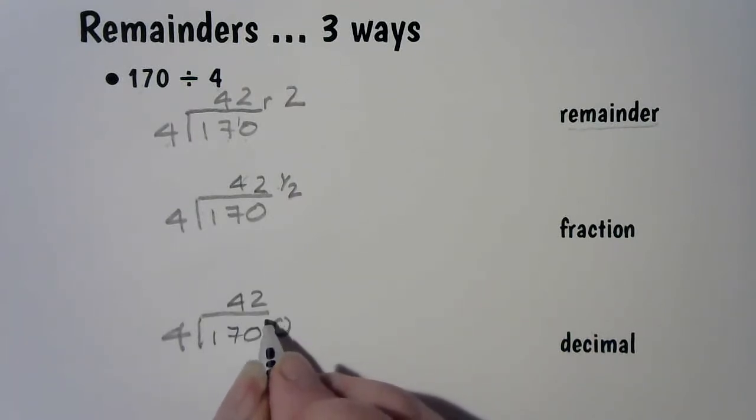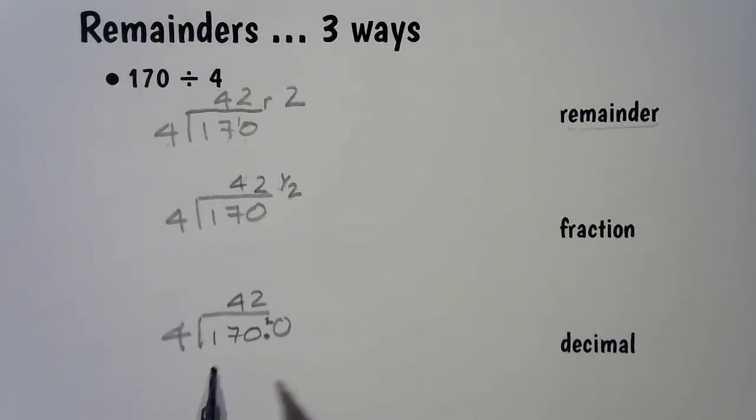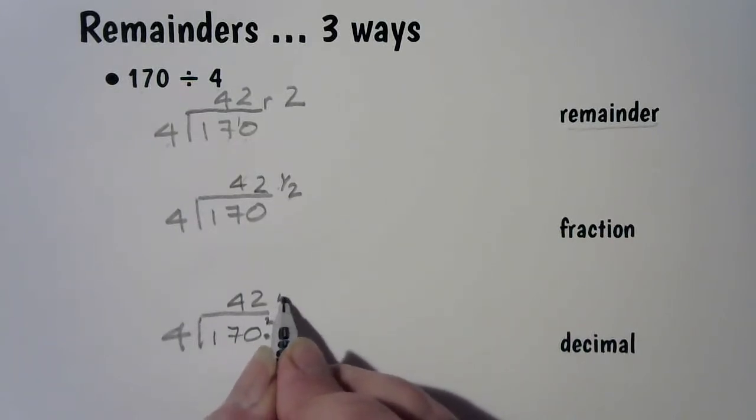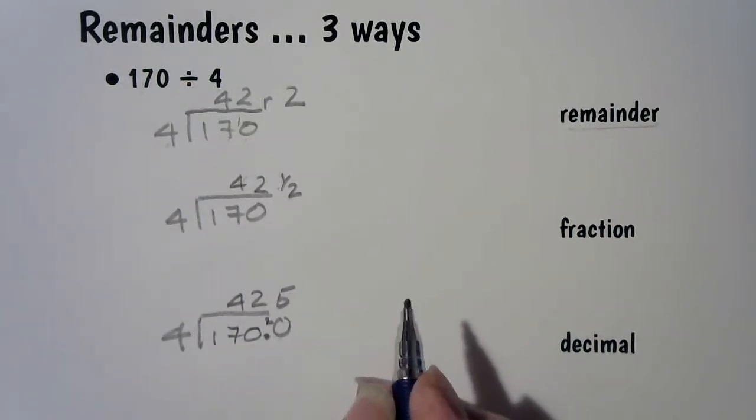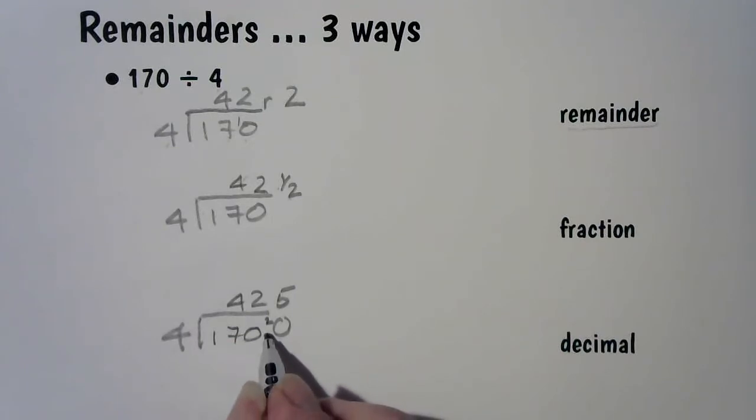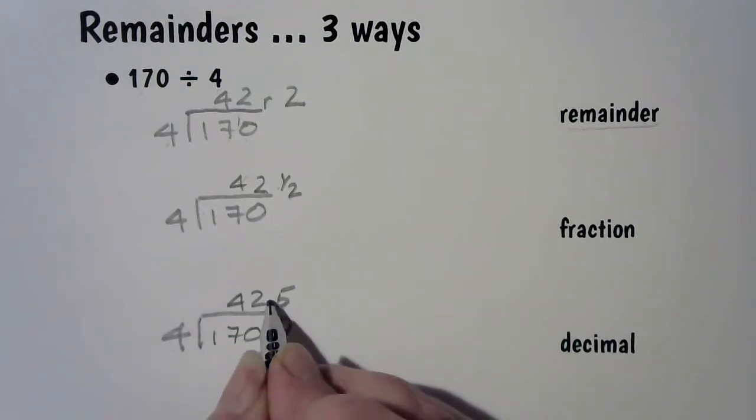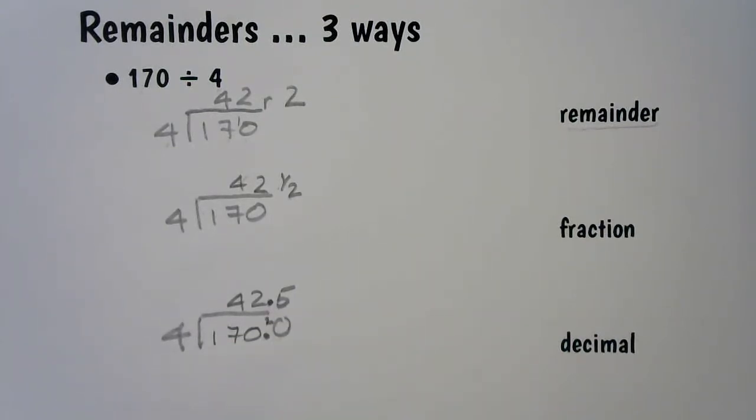Now I've got a remainder of 2, so I put the 2 up there. And now my question is, how many times does 4 go into 20? And the answer is 5. And I forgot to do something rather important. I forgot to take that decimal point and take it upstairs there. So I forgot it, but luckily I remembered it. I hope you won't forget it in the future.